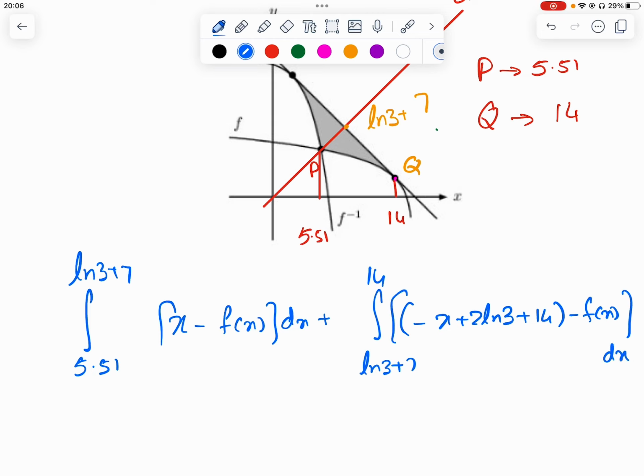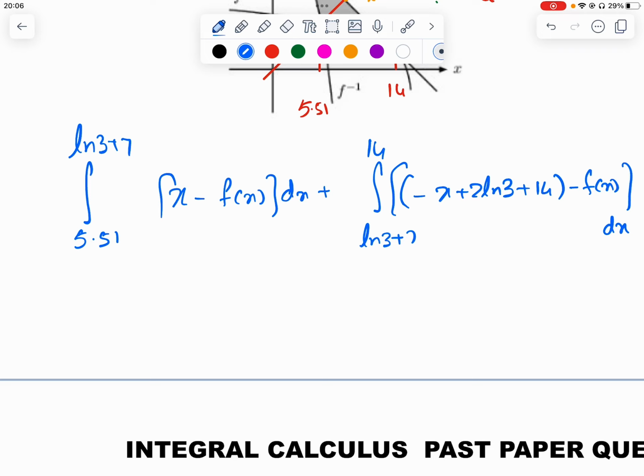Upper curve minus lower curve, so that limit should be known. When you do it by GDC, this value is going to be 4.05 and this value is going to be 7.50, which is approximately 11.55 units squared. That's going to be the answer.